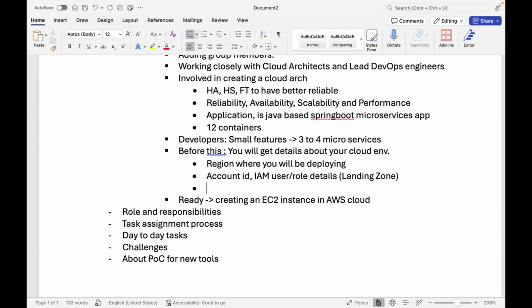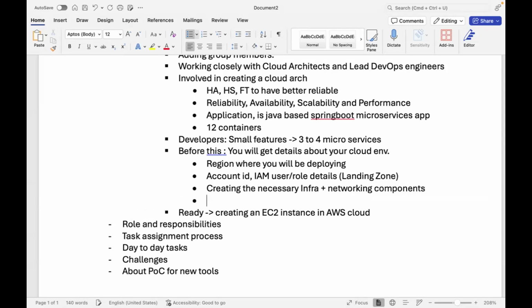Landing zone team is all about creating the necessary infrastructure plus networking components for the infra team or application team to onboard.